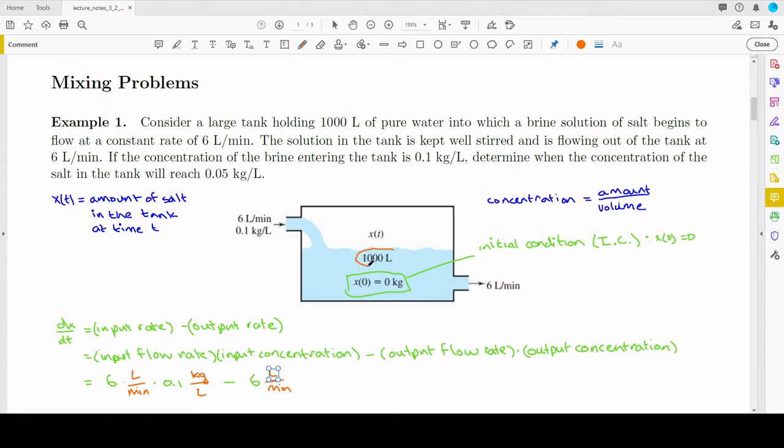So this is the volume of the tank. And note that that volume is constant because water's coming in at 6 liters per minute, and then water's leaving at 6 liters per minute. So the volume is constant.